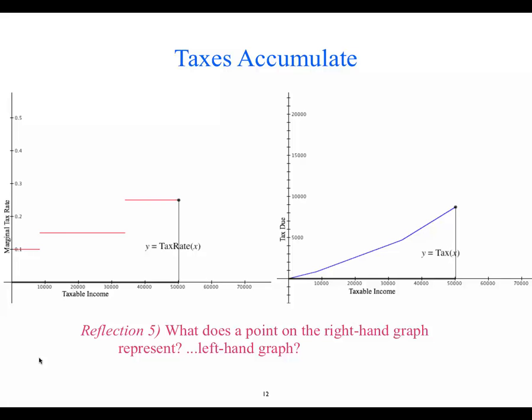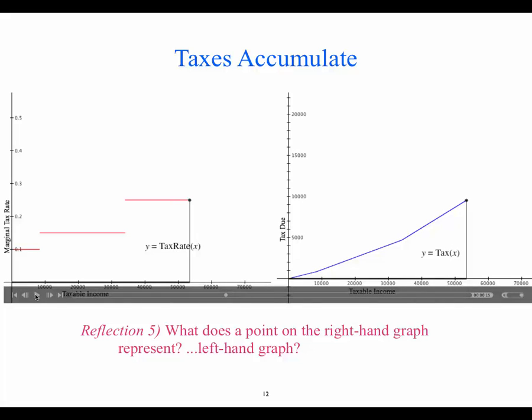What question did I just skip over there? What does a point on the right-hand graph represent, and the left-hand graph? So, what does a point on the right-hand graph represent? The point shows her taxable income at that moment and how much is due at that moment.